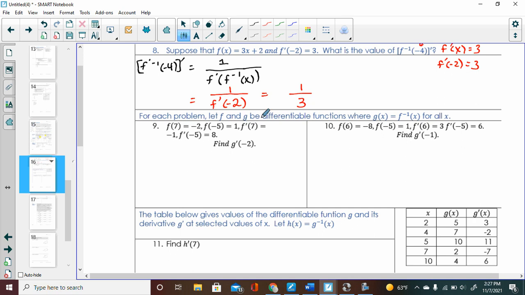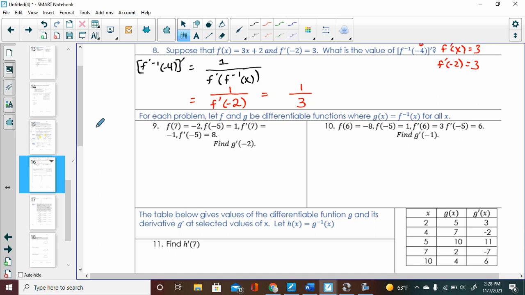Says for each problem, let f and g be differentiable functions where g of x equals the inverse of f of x for all x. Now, I know that this is what we have here. I want to find the derivative of the inverse at negative 2.